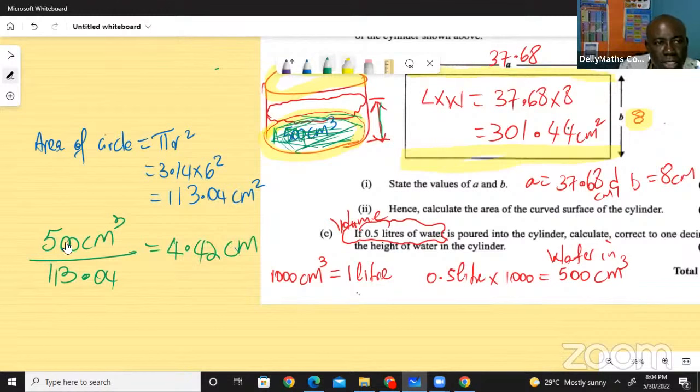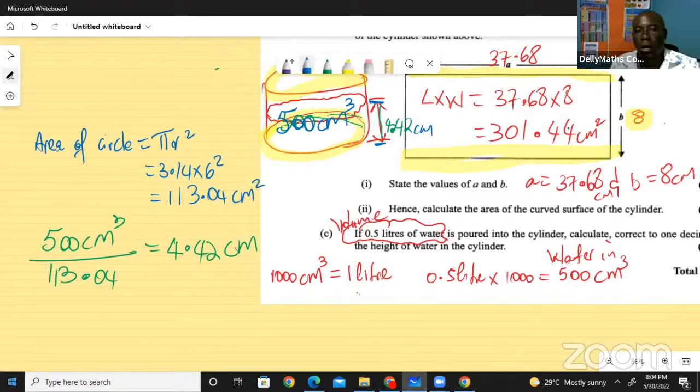So I am suggesting to you that the height is 4.42 when you have 500 cm cube of water in this container. This is how far it goes up in the container, 4.42 centimeters.